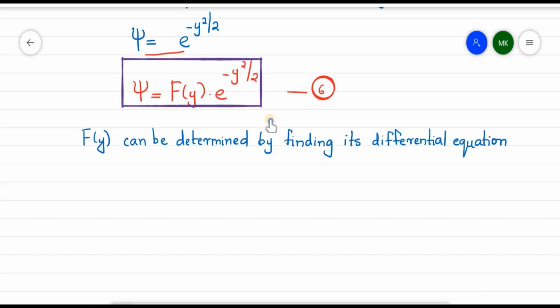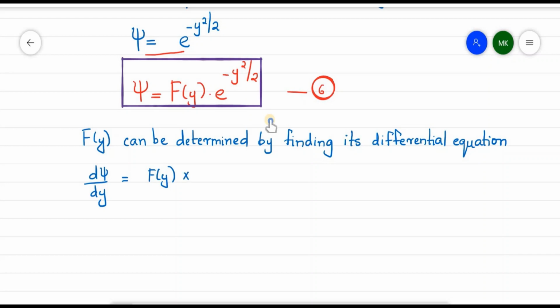f of y can be determined by finding its differential equation. So first we have to do d psi by dy and then d square psi by dy square. D psi by dy is equal to f of y into d by dy of e raised to minus y square by 2 plus e raised to minus y square by 2 into d by dy of f of y.